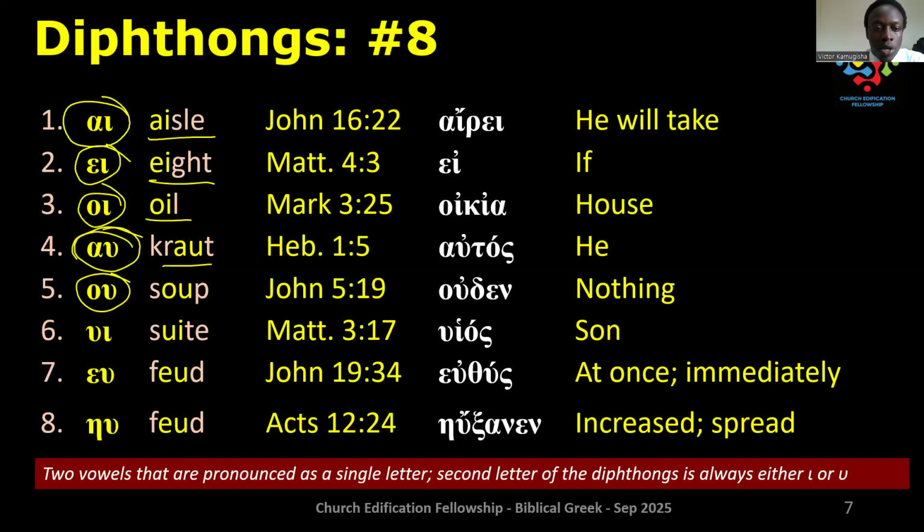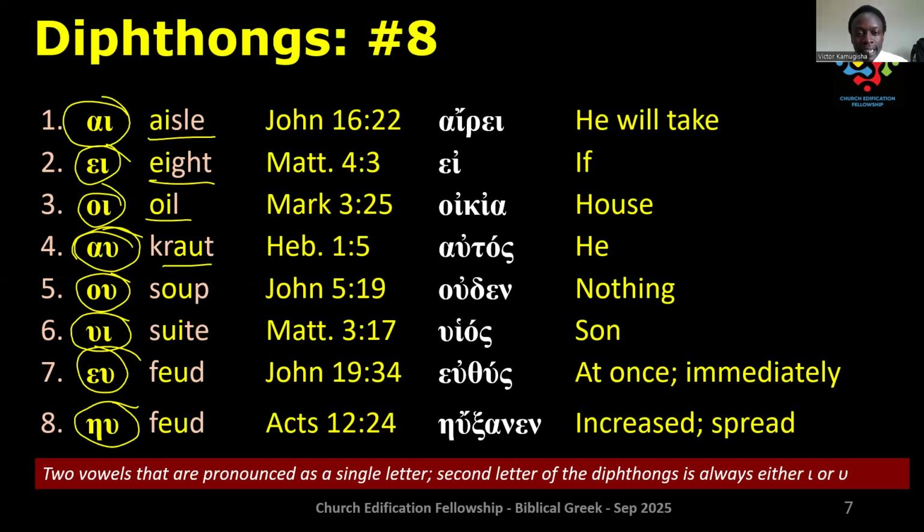If you have upsilon and iota, you pronounce it as in the word suit. If you have epsilon and upsilon, you pronounce it as in feud. Then you have eta and upsilon, still pronounced as in feud.